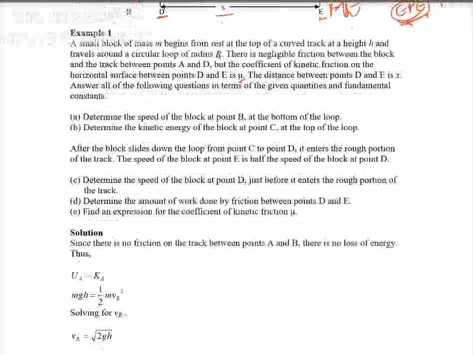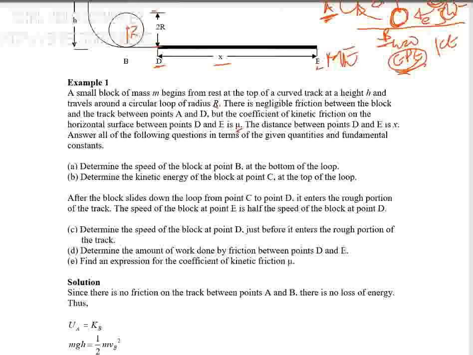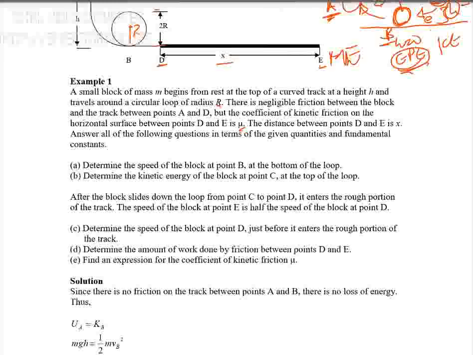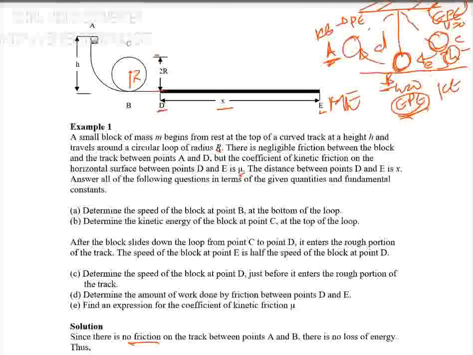First, determine the speed of the block at B. At B means at this point. To do this, since the friction is negligible, there is no loss of energy from A to B. That means all the potential energy at A, since the height at this point is h, we have gravitational potential energy.